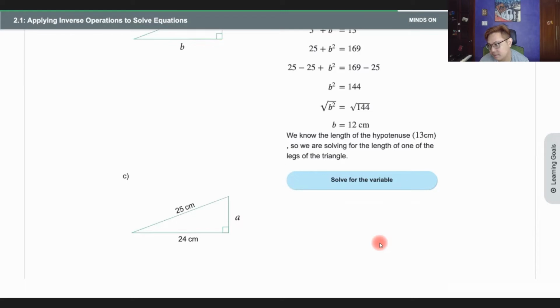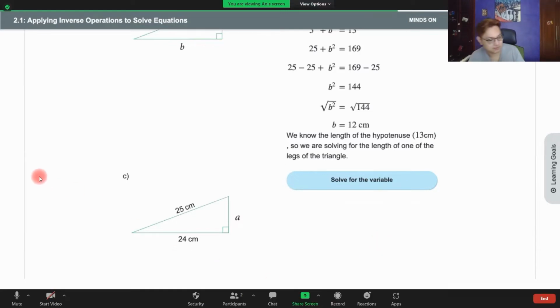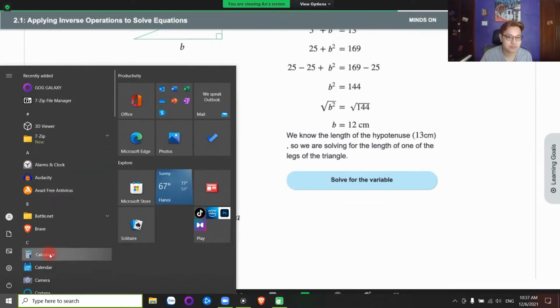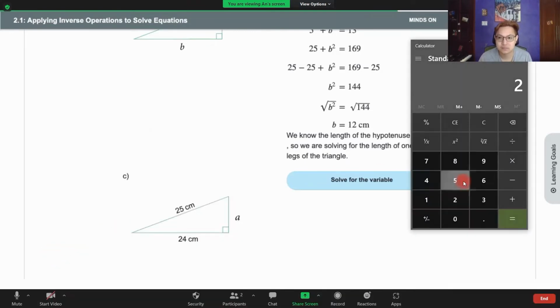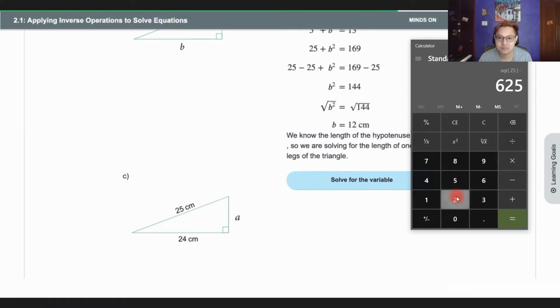It's quite big, isn't it? And then you take 625 minus 576.